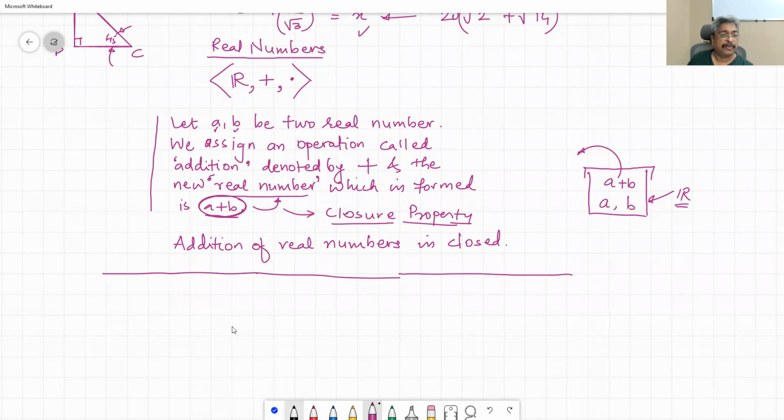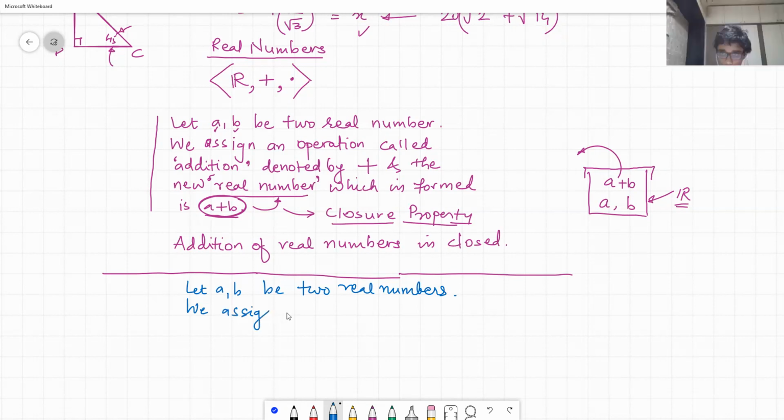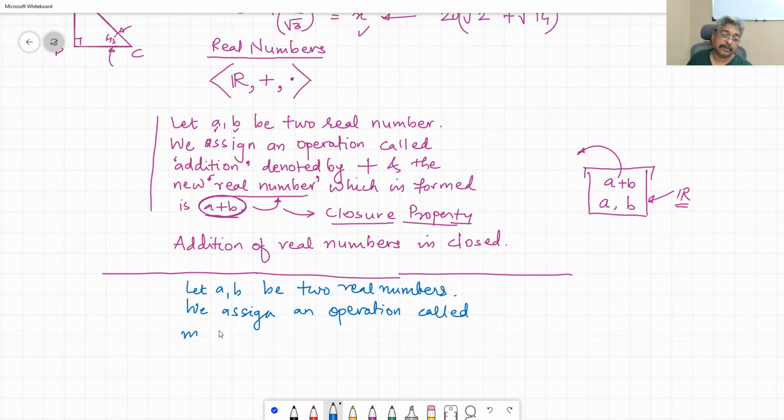Similar discussion we can do for multiplication. Let A comma B be two real numbers, we assign an operation called multiplication, denoted by dot, or you can use cross also, but we will prefer to use dot as the multiplication symbol.